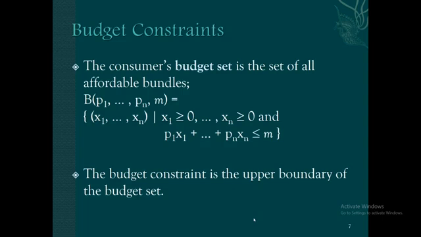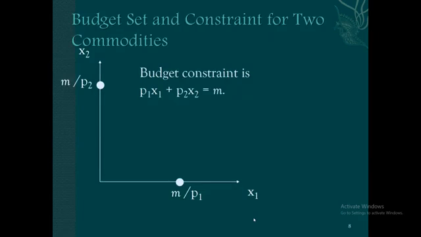Your budget is nothing but all the p1 to pn prices, which is going to be your income, giving you utility in the form of commodities. Each point, given your income, is added together, and if you draw a line, that gives you an upper bound of what you can afford. If m is equal to p1 x1 up to pn xn, then that all comes under the affordable set.